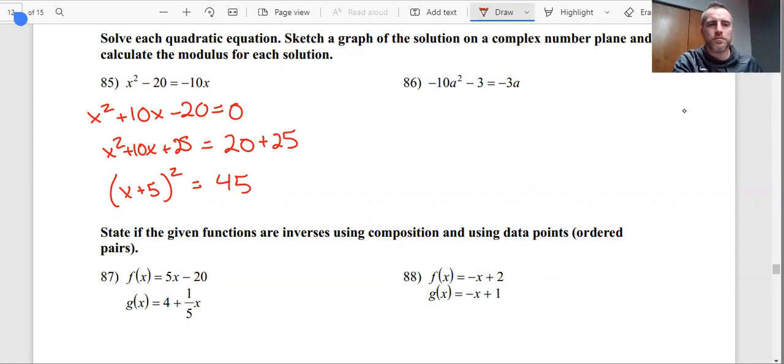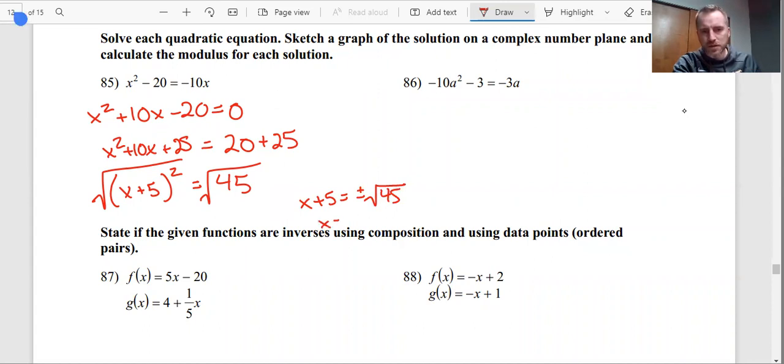I'm going to square root both sides. And I get x plus 5 is equal to plus or minus the square root of 45. x equals negative 5 plus or minus the square root of 45.